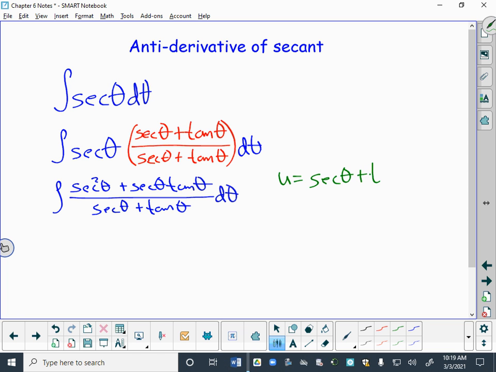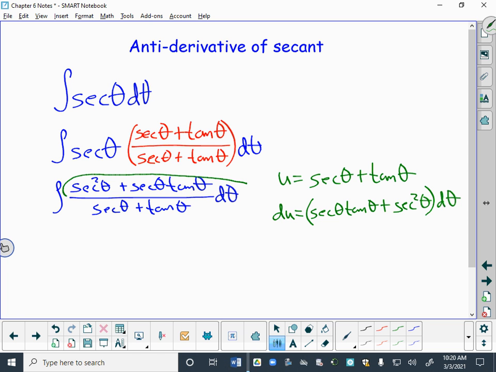So if I made a u substitution and said u is secant theta plus tangent theta, then du would be the derivative of secant, which is secant theta tangent theta, plus the derivative of tangent, which is secant squared theta d theta, and that is exactly what I have going on up here.